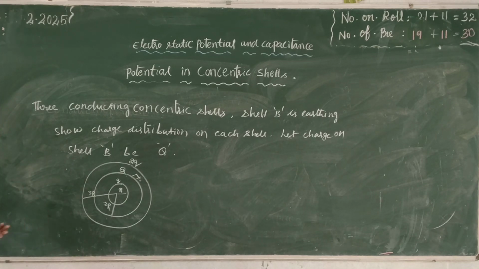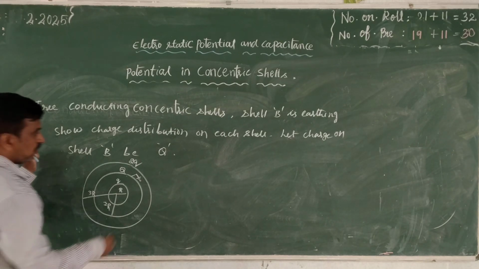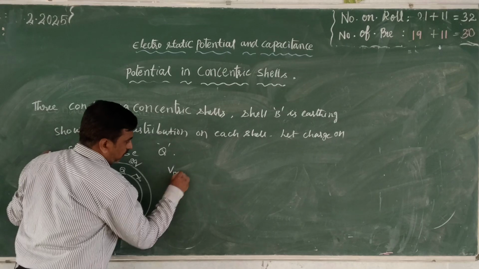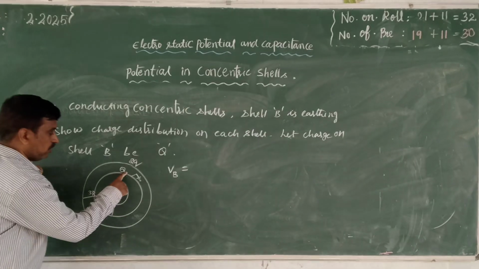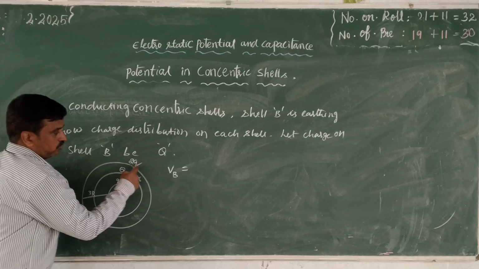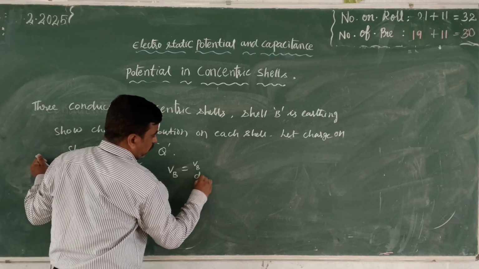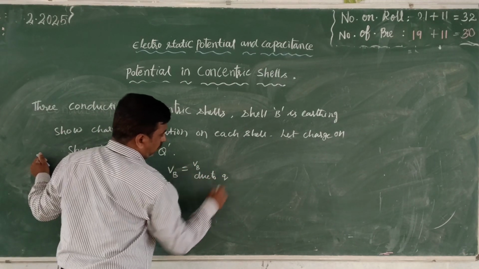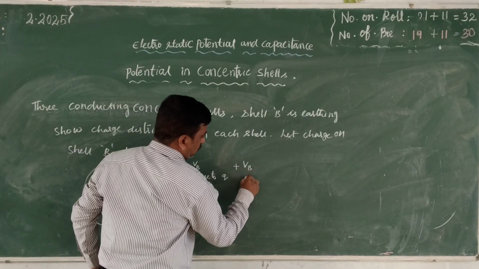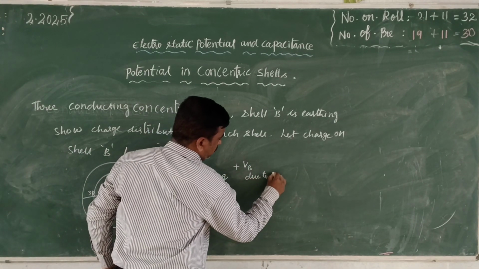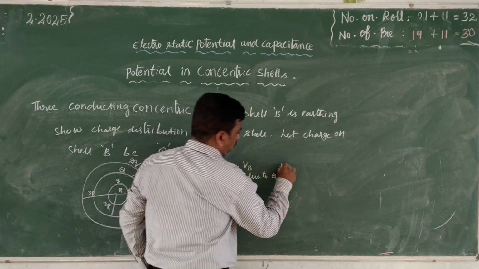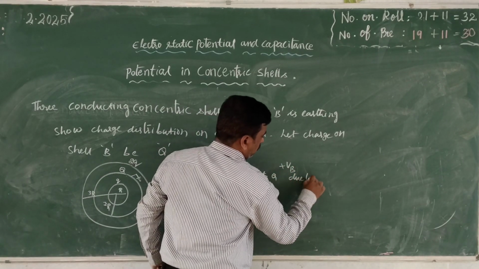Let the charge on shell B be capital Q. First we find out what that charge is. Shell B is earthed, so the potential on B is 0. The potential on B is due to the first shell with charge q, due to the second surface with capital Q, and due to the third with 2q.